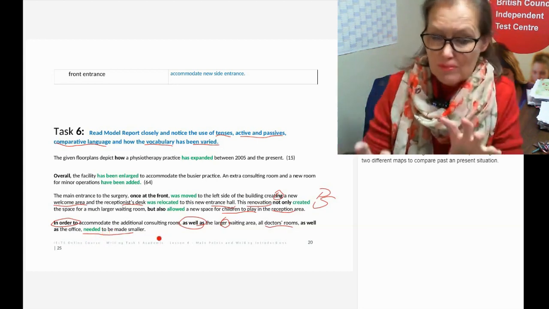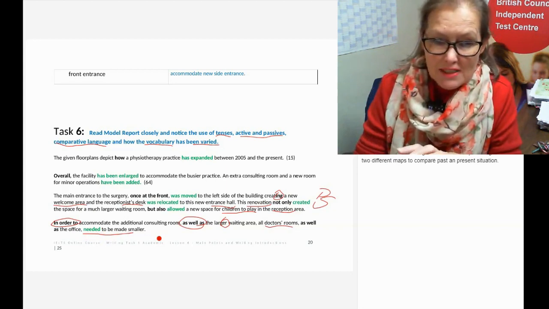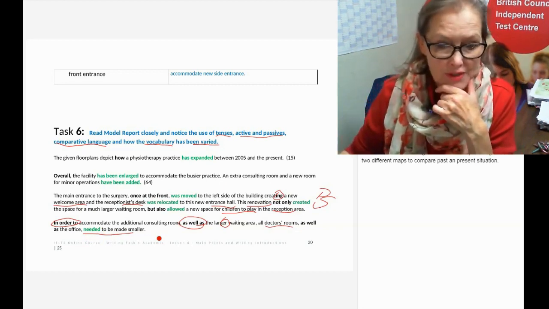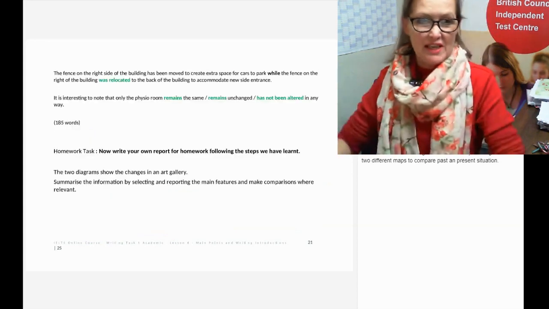So I've got my verb pattern and my past passive in those few words, and that's going to get me my level 7. Let's read the rest of the essay.